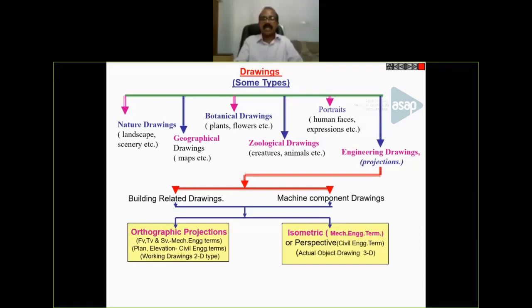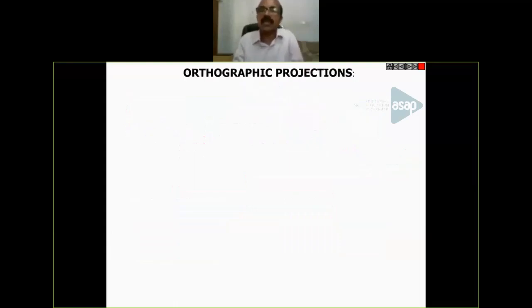So, in the last part of the last module, we have to study the conversion of pictorial views into orthographic views. For that, first we have to study the terms involved in orthographic projections.